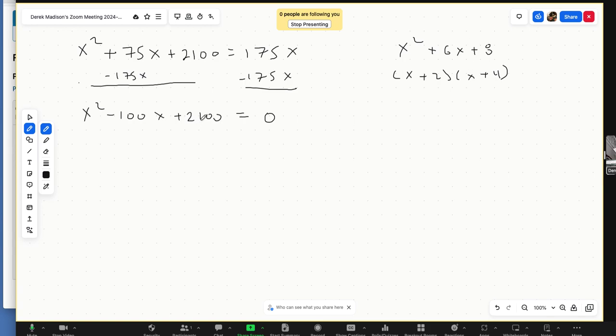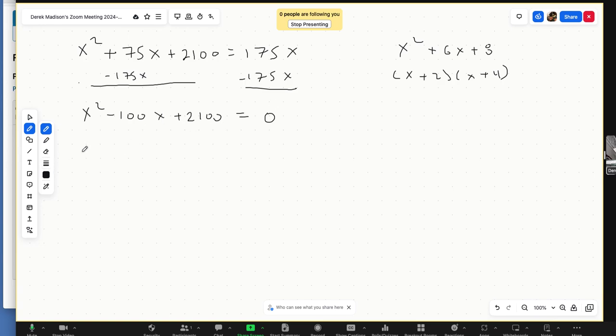But what multiplies to 2100 and adds to be negative 100, I bet it's going to come out to be 30 and 70, or both negative 30 and negative 70. And then the zeros are going to end up 30 and 70, just kind of guessing looking at those numbers. Again, I'm a math teacher, so that might be much clearer to me than it is to you.